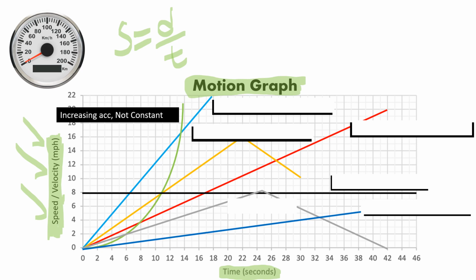So we're going to describe it as, we get to use the A word now because we're talking about speed, so we can say acceleration, okay? So it is increasing acceleration, and we get to say that because it's a speed graph, and it is not constant. So that is not too difficult. The next one we're going to look at is this blue line right here.